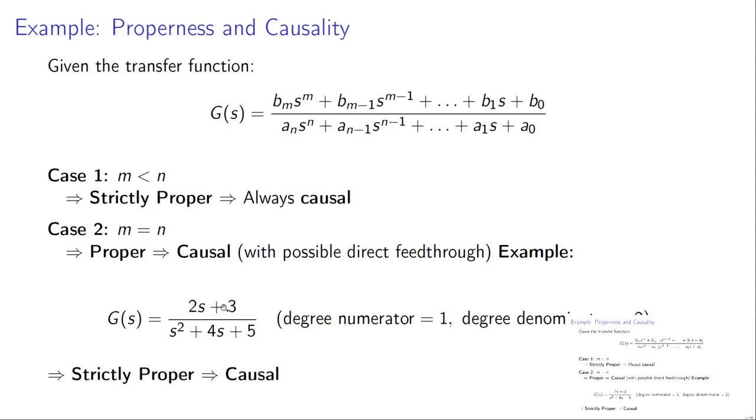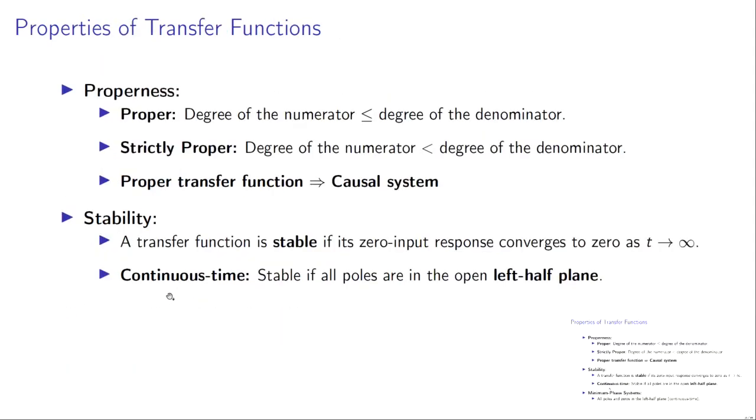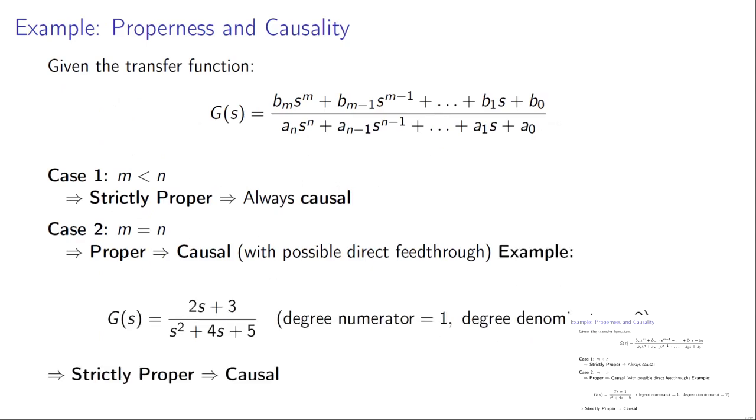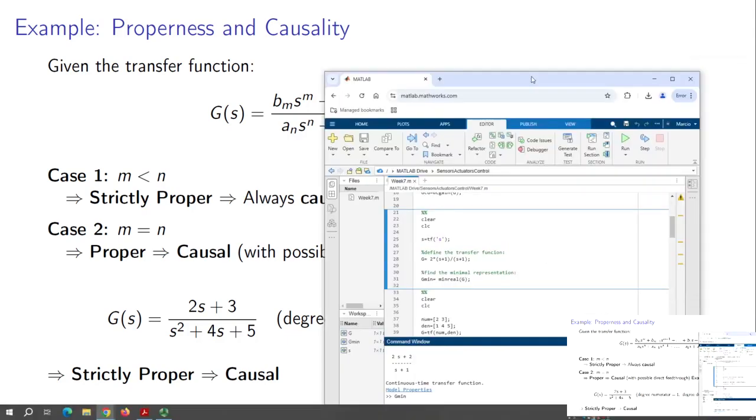To verify if it's a minimum phase or non-minimum phase system, we need to find where the zeros are located, and also the poles of the system. So I have it here, we can check.